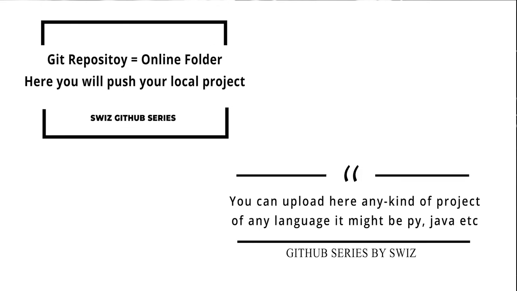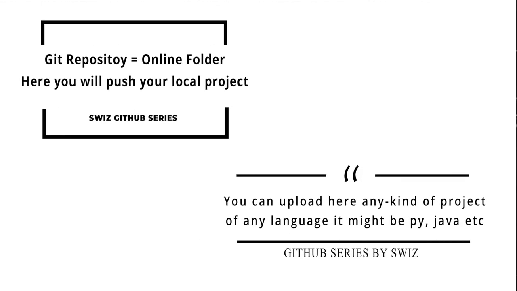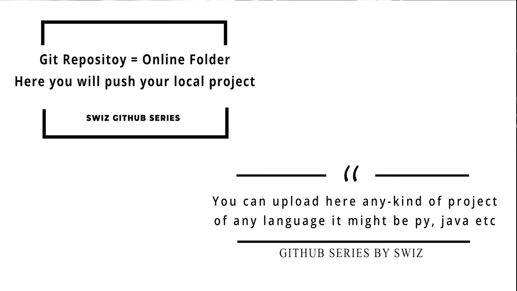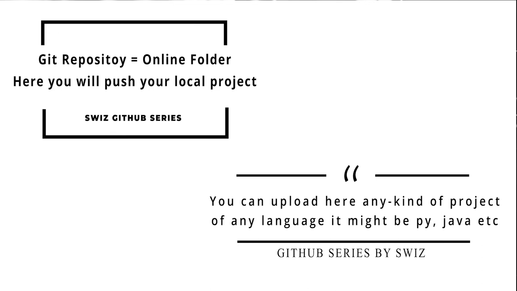So here, you will just push the files of your offline folder, which is present in your computer, to these Git repositories. Alright? I mean, upload your content, which is present in your computer, to these Git repositories or online folders, you could say.